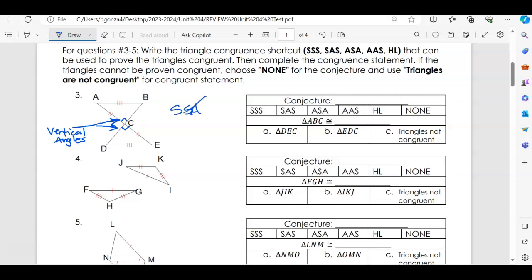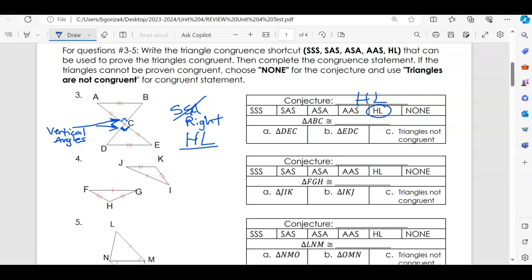It looks like SSA, but we don't write SSA. The question is, do you see a right angle there? And I do. That means it is HL.